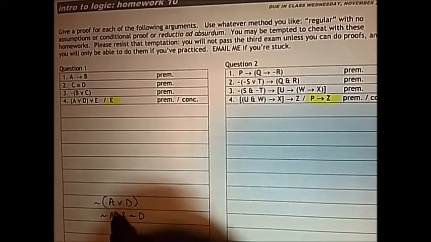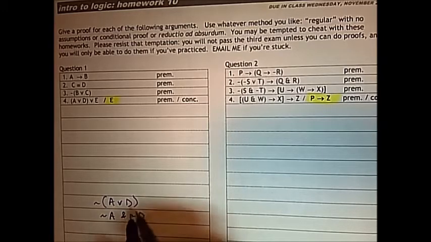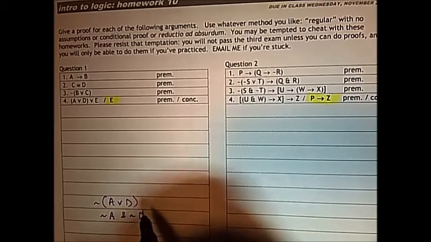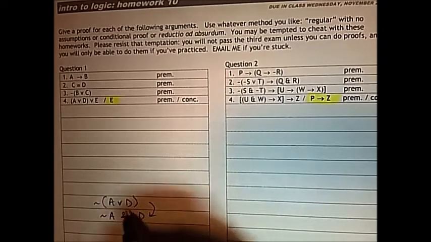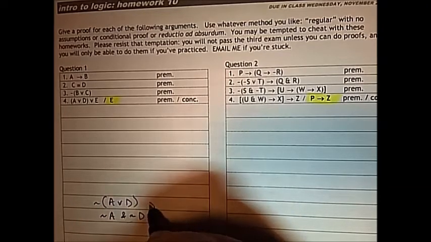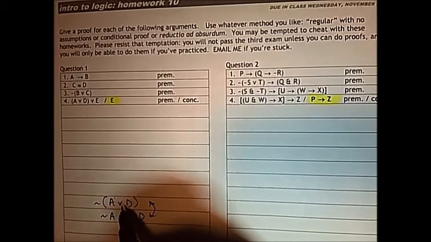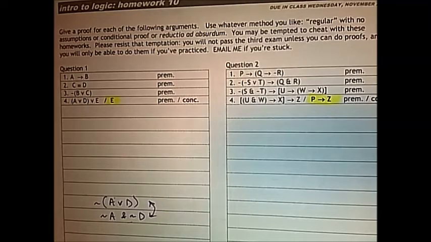So if you can get not A, and you can on another line get not D, then you can do conjunction, join them together, and then do De Morgan's law, which of course works in both directions. So normally we start with this and we go here by De Morgan's law, but we can also do it the opposite way. We can create this and move to this, and then we can use that to get E.